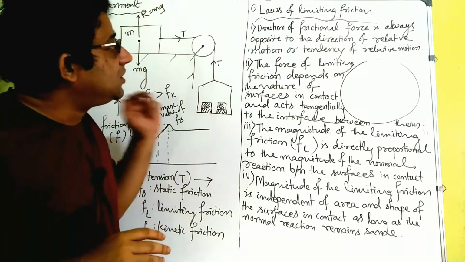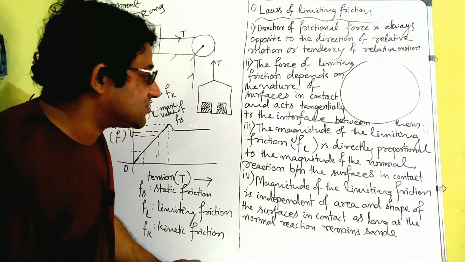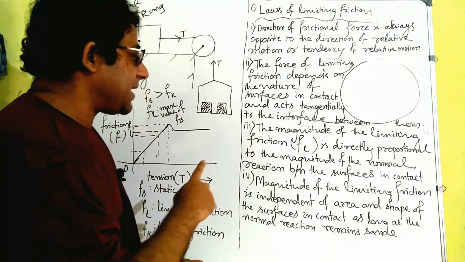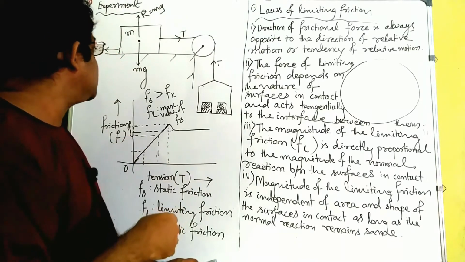What is the third law of limiting friction? It says that the magnitude of the limiting friction is directly proportional to the magnitude of the normal reaction between the surfaces in contact.